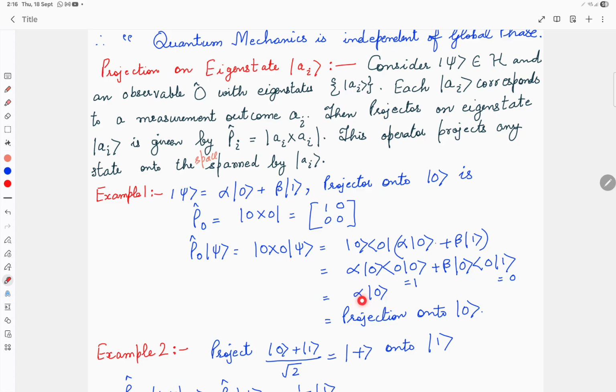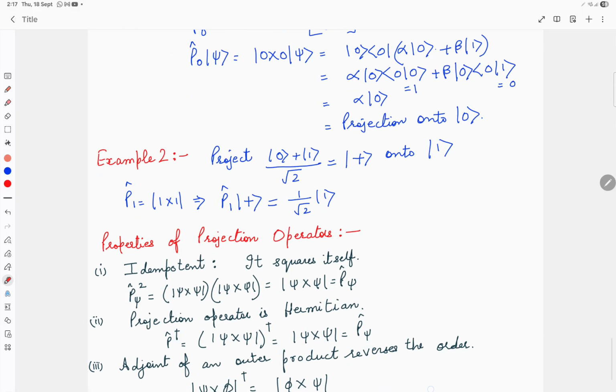So the projection onto ket 0 gives you the overlap of ket psi with ket 0. With this application of the projection operator on ket psi, you come to know the ket 0 component in ket psi, which is basically alpha. Similarly, we can project the state onto ket 1. This is just the explanation of that.